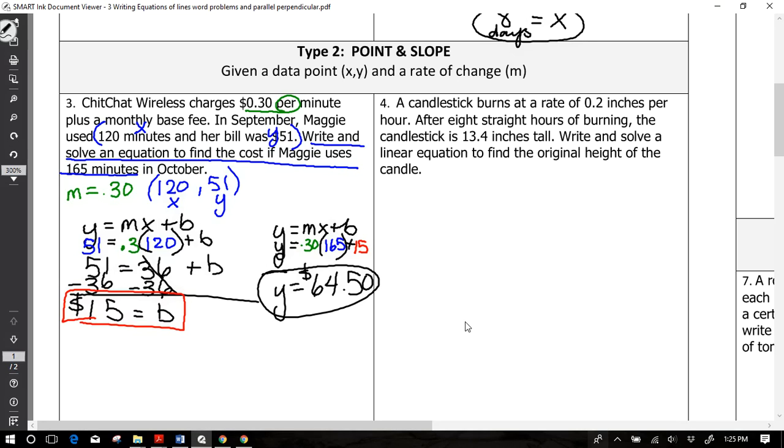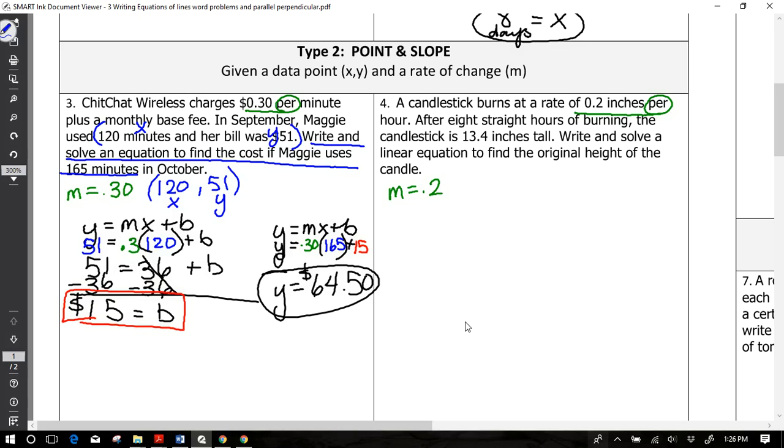So now that you've got the new word problem written on your paper, let's go ahead and break it down. A candle burns at a rate of 0.2 inches per hour. The word per tells me that this is my slope. After 8 straight hours of burning, the candlestick is now 13.4 inches tall.